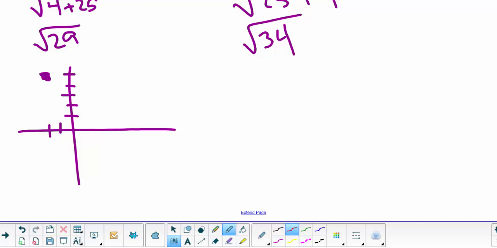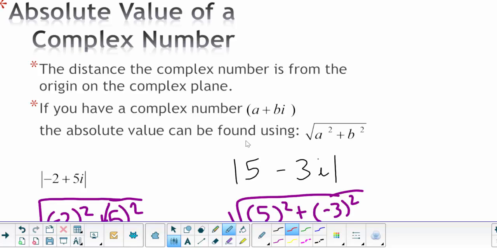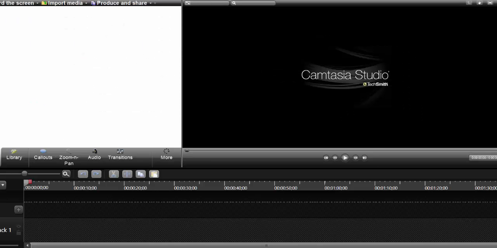So what we're doing here is finding this distance. And the way we're finding it is we're really just drawing a right triangle here and using a squared plus b squared equals c squared. So really this is just a modification of the Pythagorean theorem. All right, we made it through.